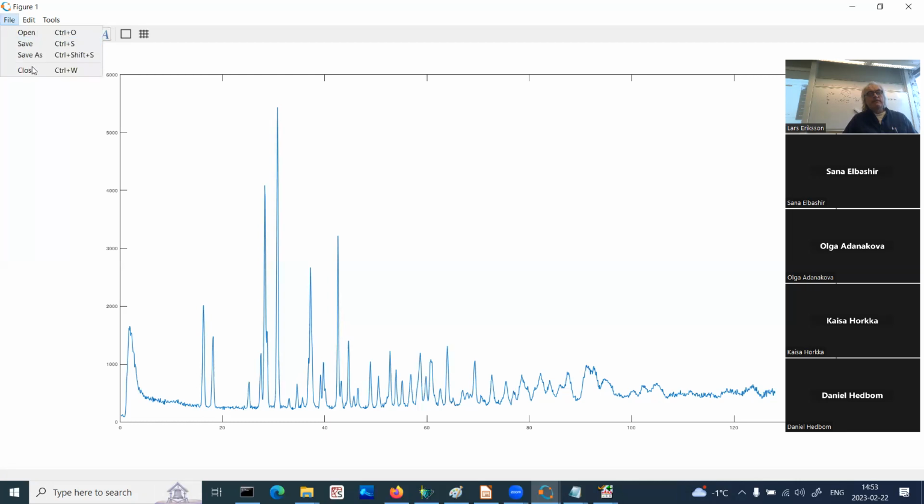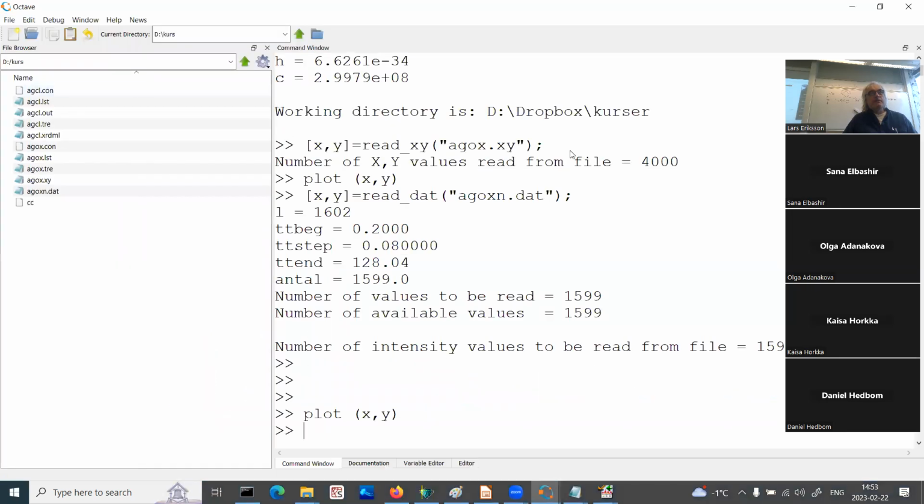Sometimes with hydrogen, you can expect a contamination of normal hydrogen if you come with a deuterated sample.